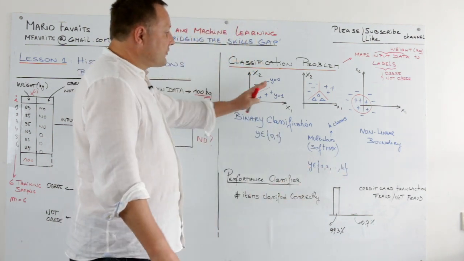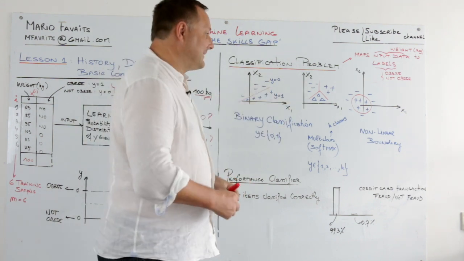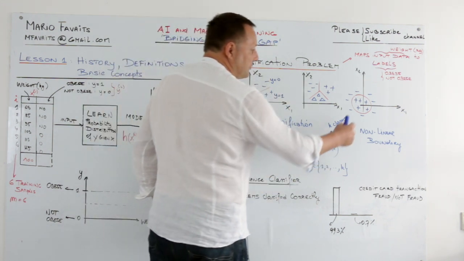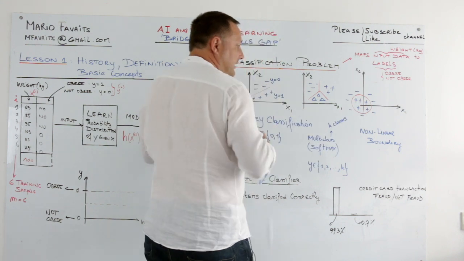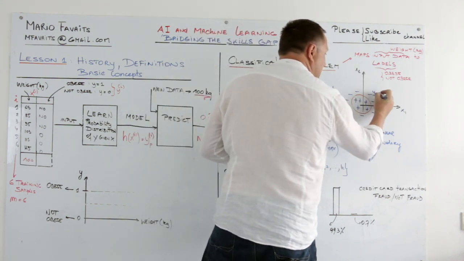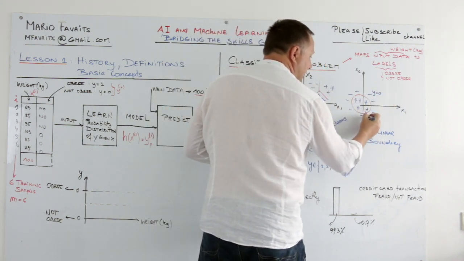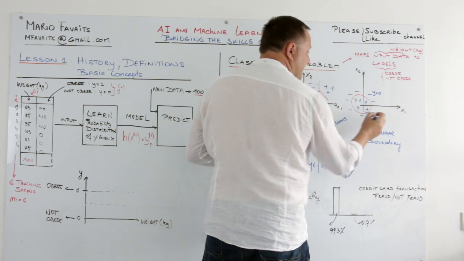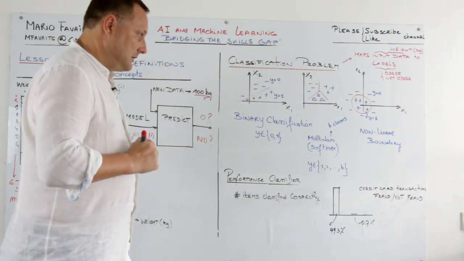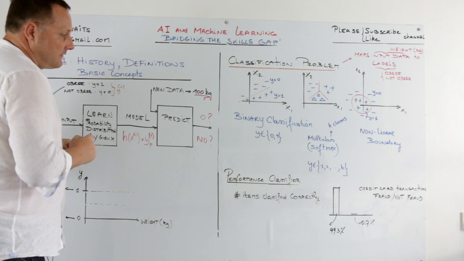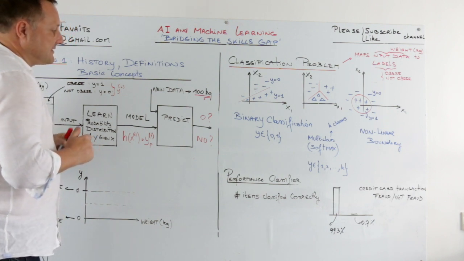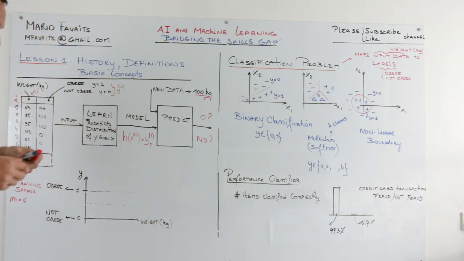Now we drew linear boundaries here, but a decision boundary can also be non-linear. Here you have y is 0 outside of the circle, and y is 1 inside of the circle.